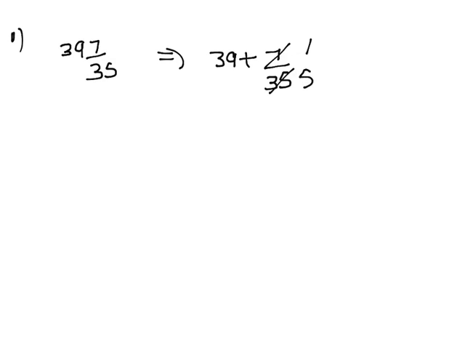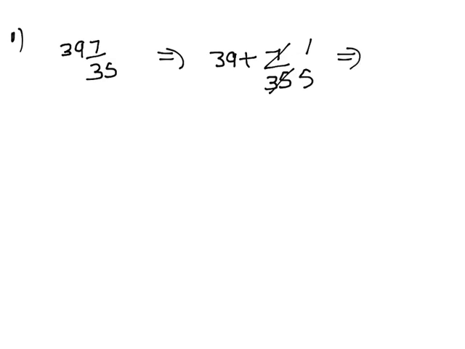Next number we have is 39 whole 7 by 35. So we can write it as 39 plus 7 by 35. Now we will see whether we can convert the given fraction into the simplest form. Yes, we can, as we have 7 as a common factor. So we will get 1 by 5.